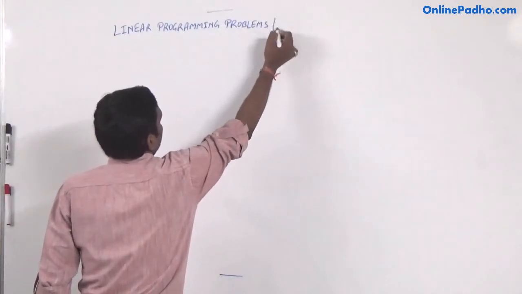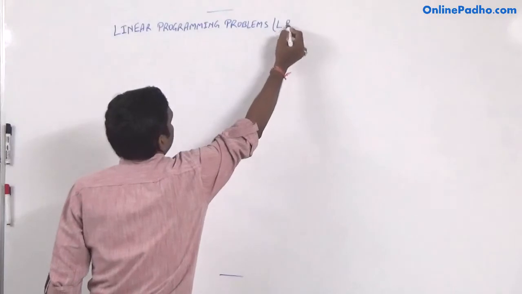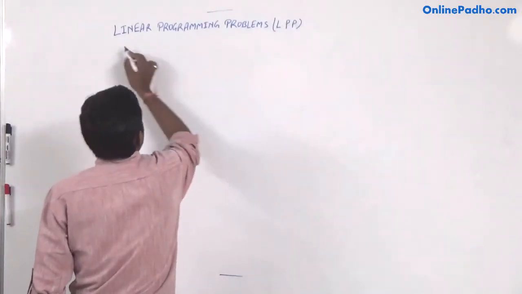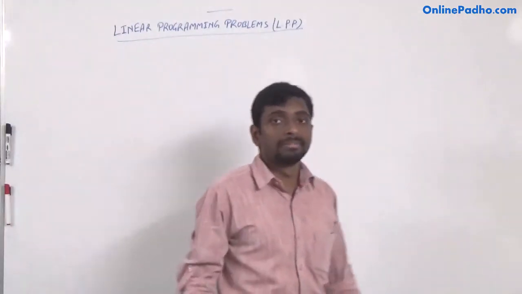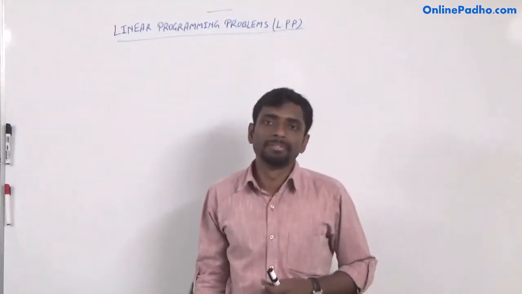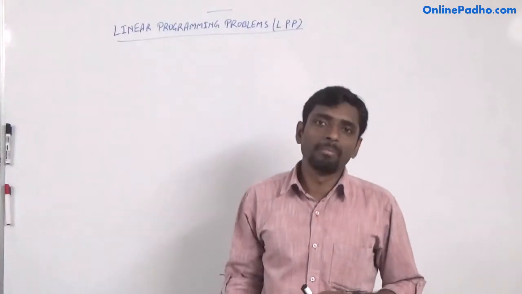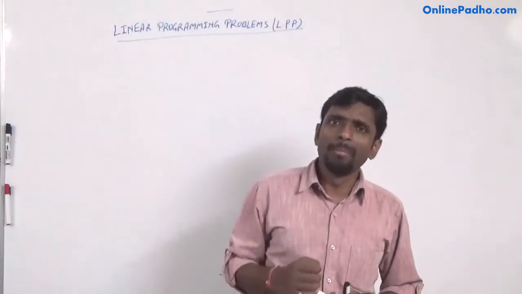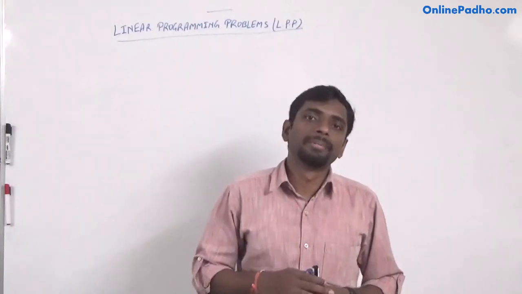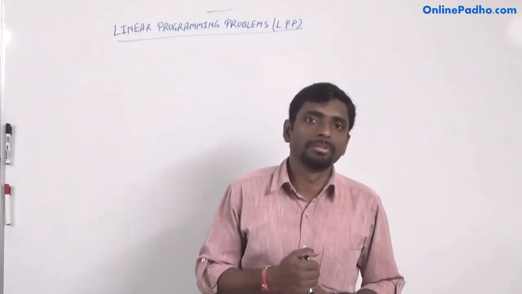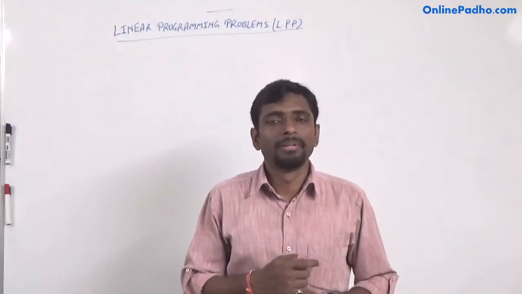In short form, it's called LPP. This is a very important chapter for CBSE examination, for long answer type question. In linear programming problems, you must need a graph paper to solve each and every question, right?